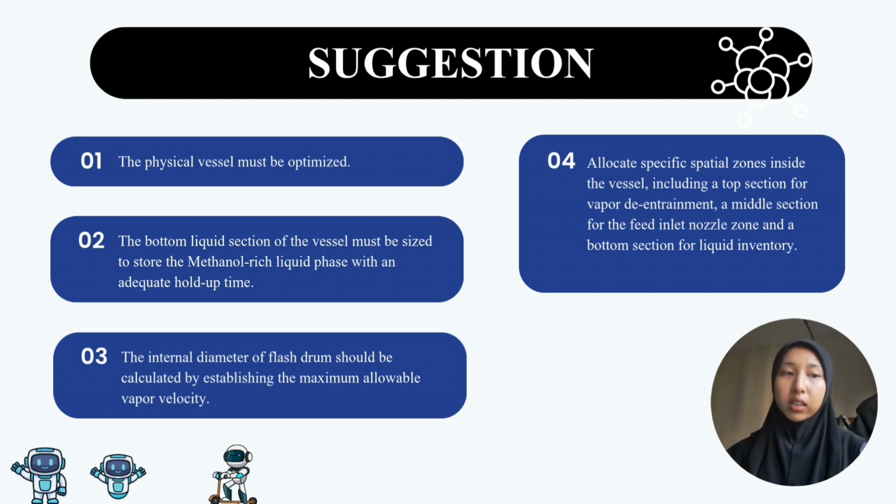And the third one, the internal diameter of the flash drum should be calculated by establishing the maximum allowable vapor velocity. And the last one, we can allocate specific spatial zones inside the vessel, such as a top section for vapor disengagement, a middle section for the feed inlet nozzle, and a bottom section for liquid inventory.